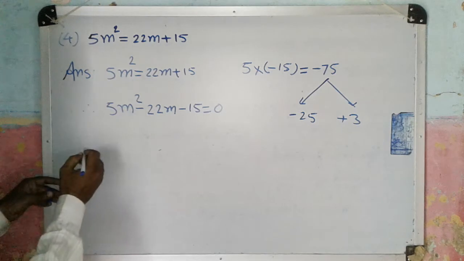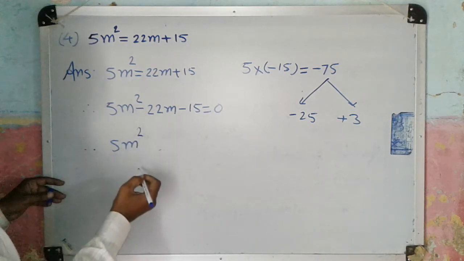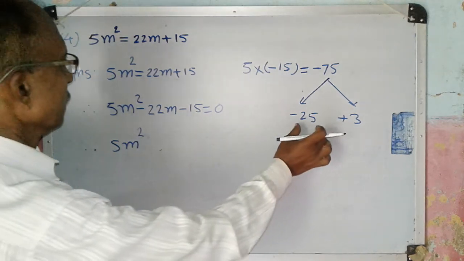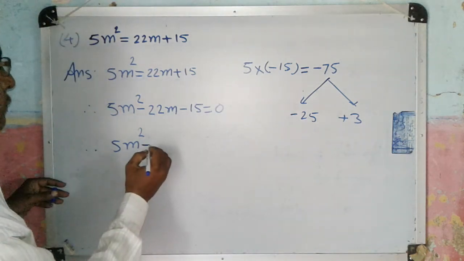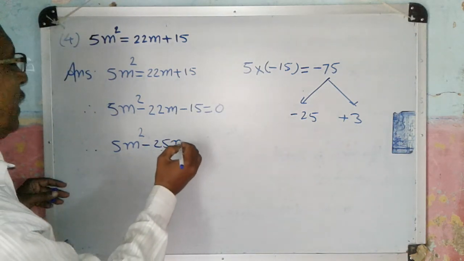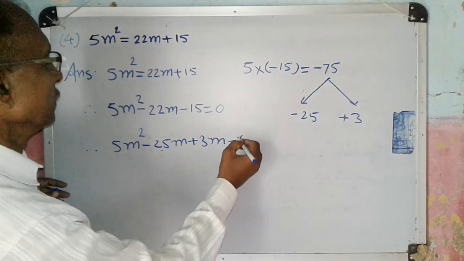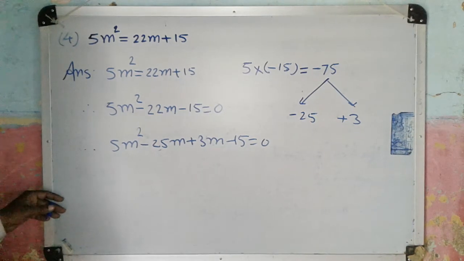So here 5m square, and write this minus 22m in the form of minus 25 plus 3. Minus 25m plus 3m minus 15 is equal to 0.